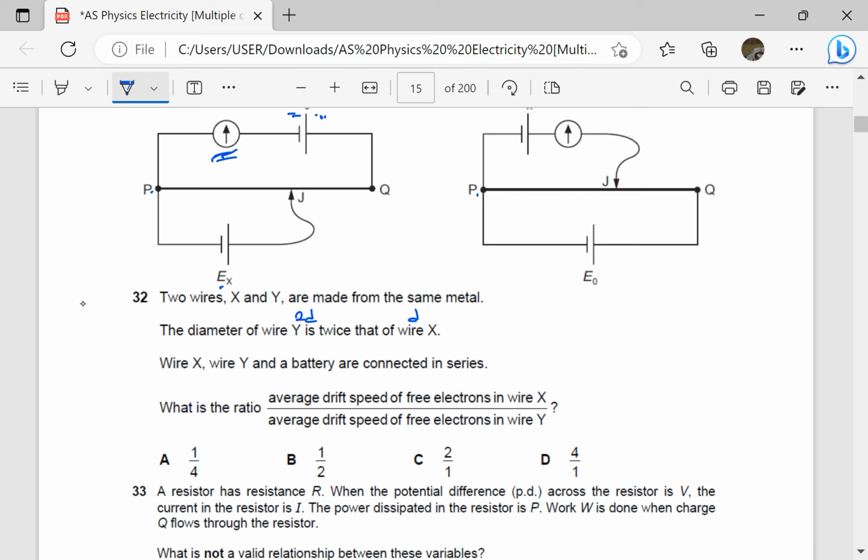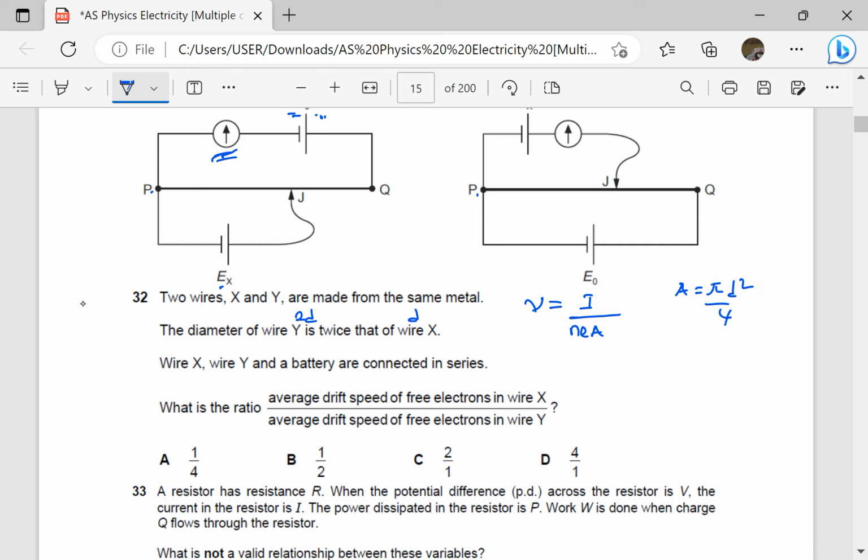Okay, so we know that drift speed v is equal to the current divided by the number of charge carriers n, the charge of each carrier e, times the cross-sectional area A. They have given us the diameter. We know that area is equal to pi d squared over 4.